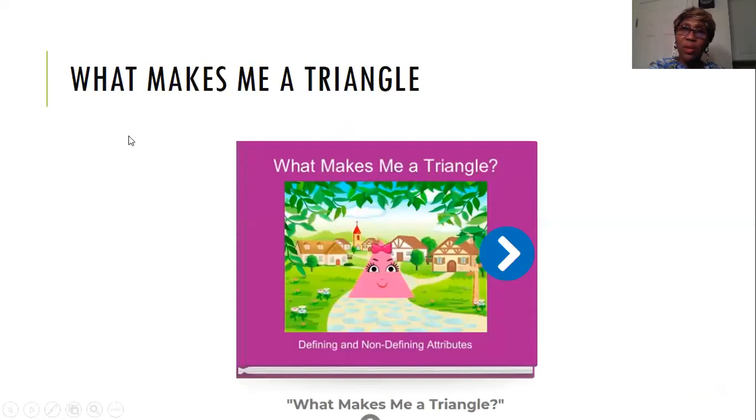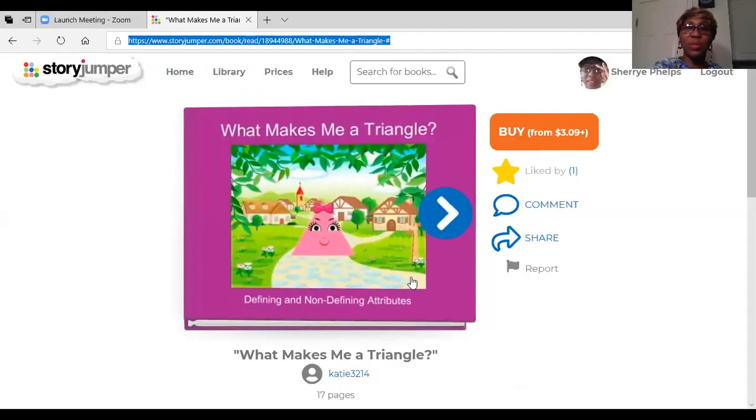What makes a triangle? Well, I found this really fun book right here, and it's written by a little girl. Her name is Katie. It says, what makes a triangle? So I'm going to share my screen again to find this book. Hopefully it's here. It's right here. And I'm going to read this book to you.